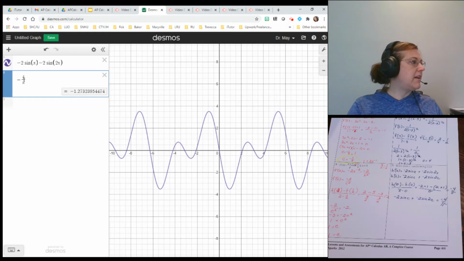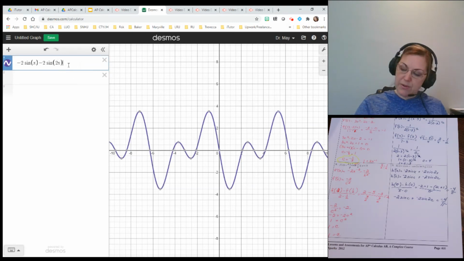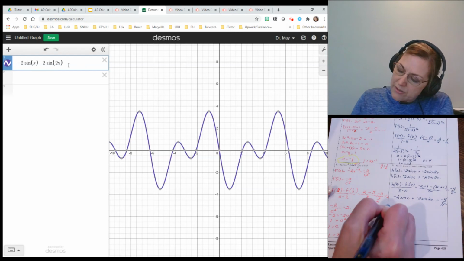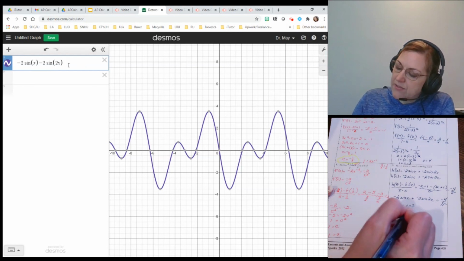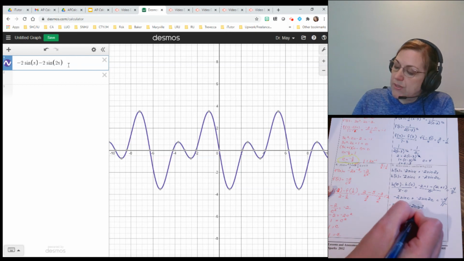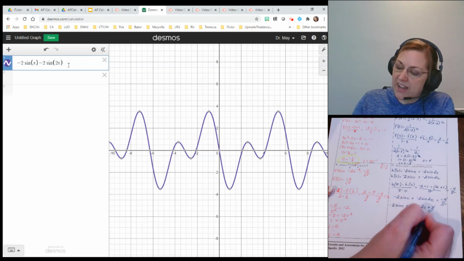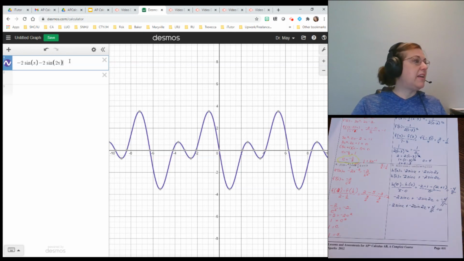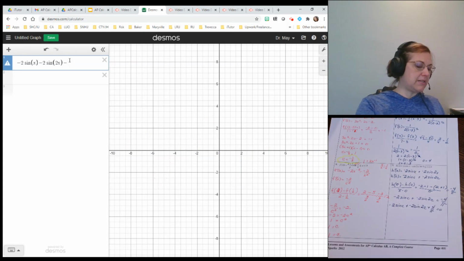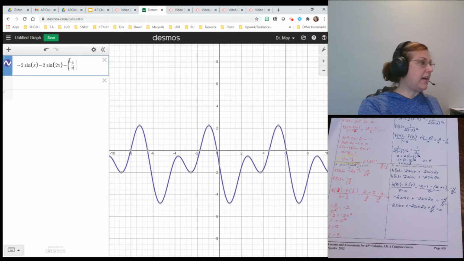I want to find the intersection of them. So let's do it this way then. Let's go here and I will move this over so that I get -2 sine of c plus -2 sine of 2c plus 4 over pi. And then we'll find out where that's equal to 0. That'll do the same thing, minus 4 divided by pi.